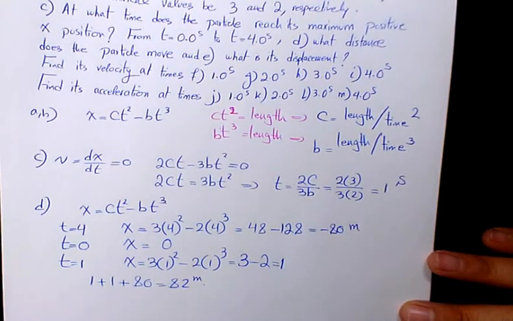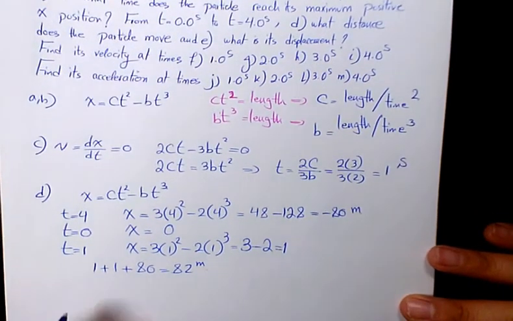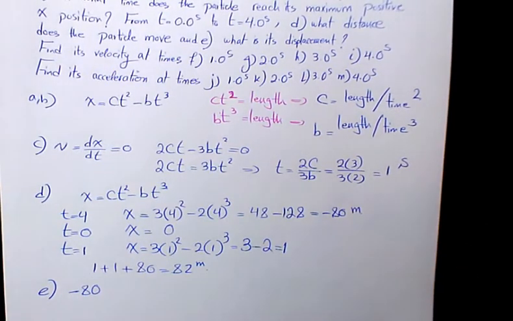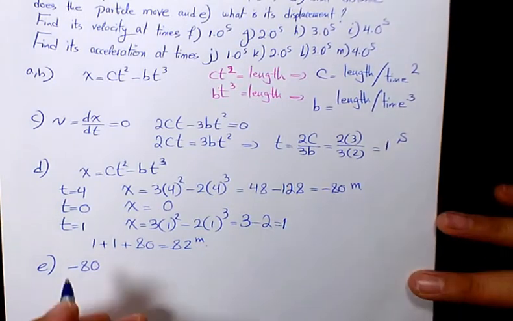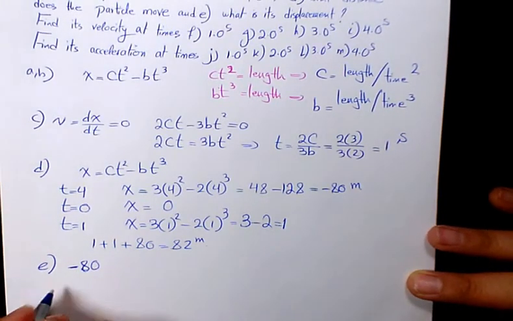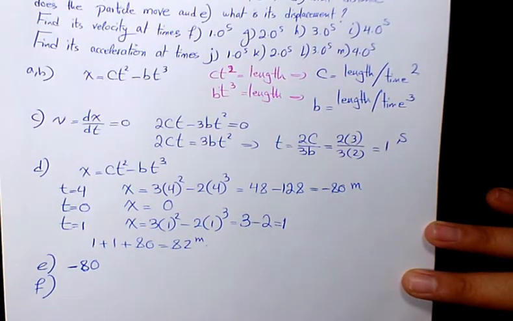So that's the distance it traveled. What about the displacement? Displacement is going to be just negative 80. Why? Because at time 0, the x was 0, and at time equals 4, it is negative 80. As you remember, displacement and distance are two different concepts, and distance doesn't have any direction.